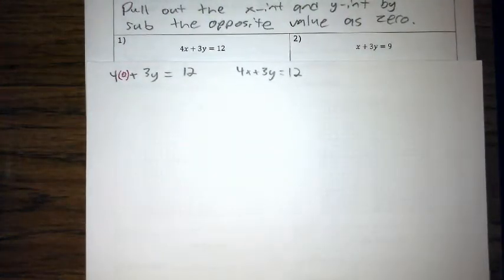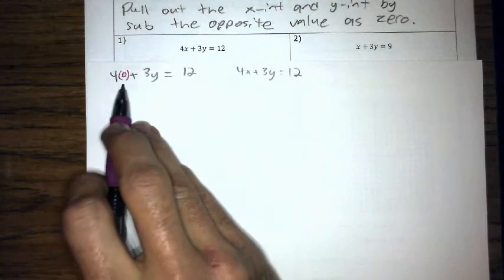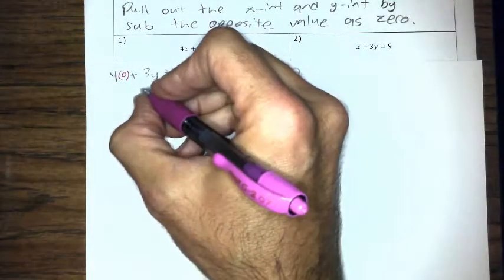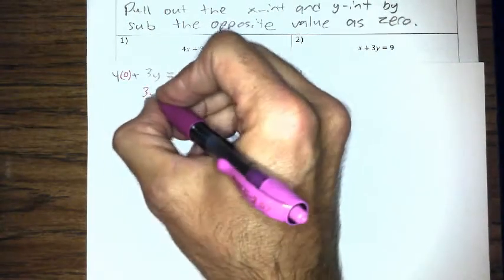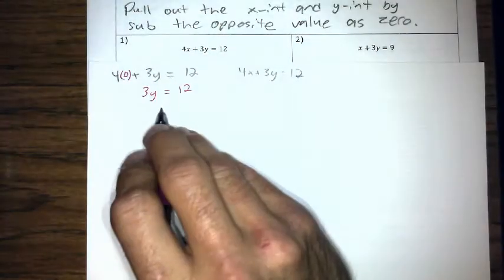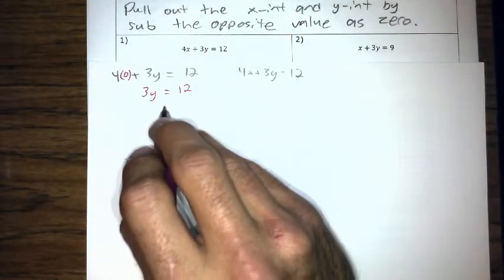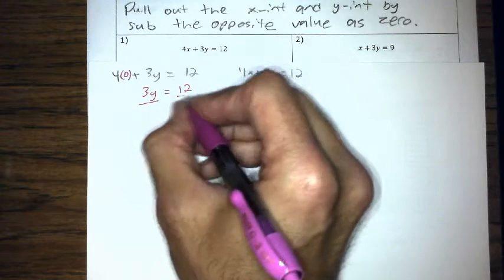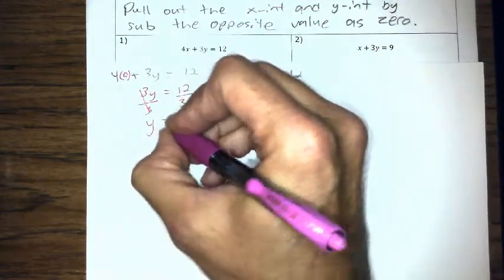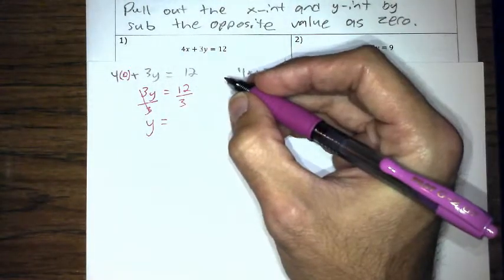So what happens is, 4 times 0 is 0. So that's gone. So I'm just left with 3y equals 12. Right? And guys, this is a one-step equation. You guys were doing this in Unit 1. You got a coefficient in 3y. The opposite of multiply is divide. So that would be y equals 4.